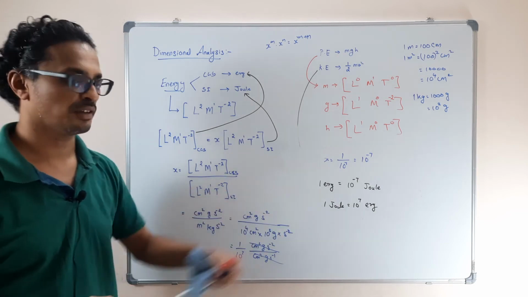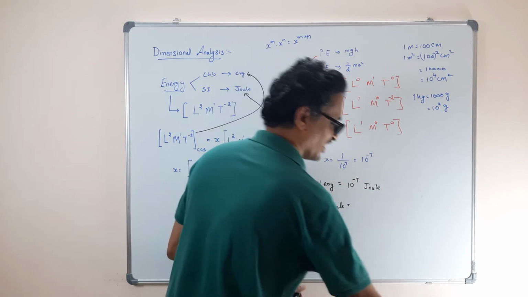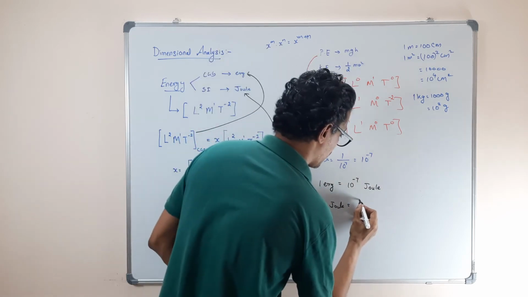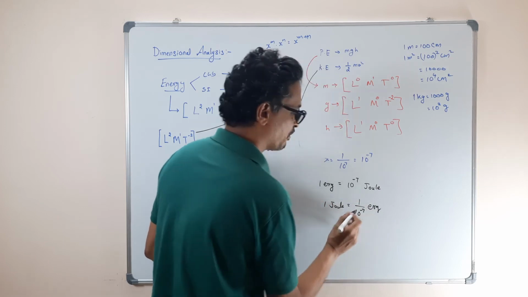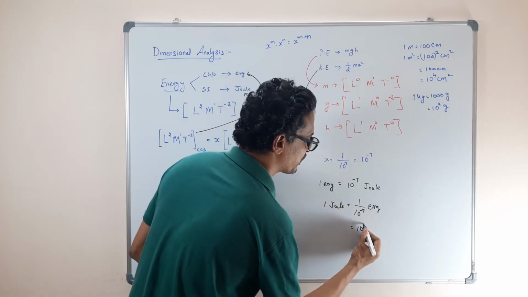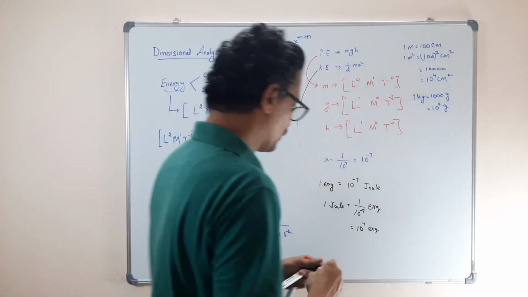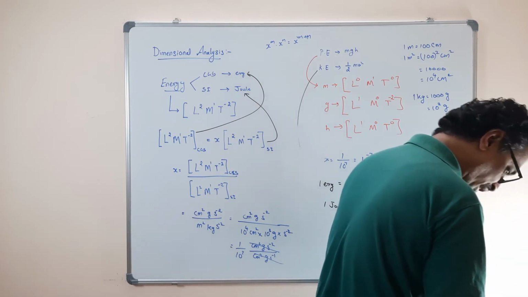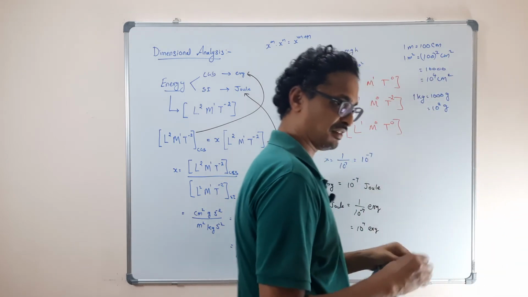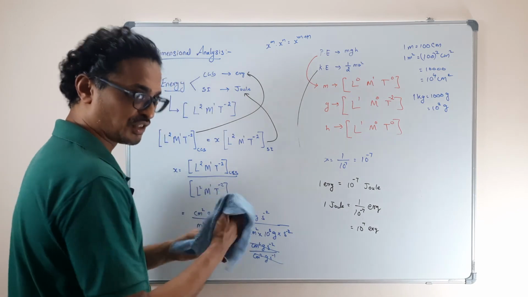Correct, 10 to the power of minus 7. So that will become 10 to the power of 7, na? Correct? Yeah, see, this is 1 upon 10 to the power of minus 7 erg. Correct? 1 upon 10 to the minus 7 is equal to what? 10 to the power of 7 erg. You got it? So your dimension analysis also provides you the unit conversion. Okay? And this is the only way you can actually convert the unit using the dimensions.